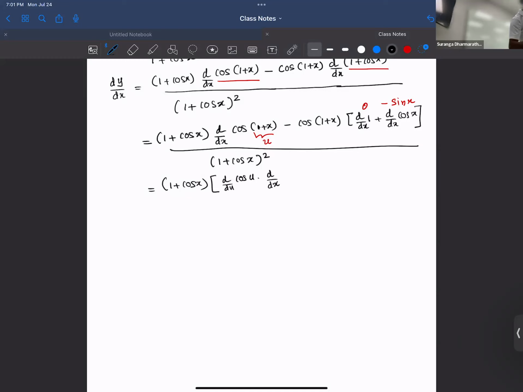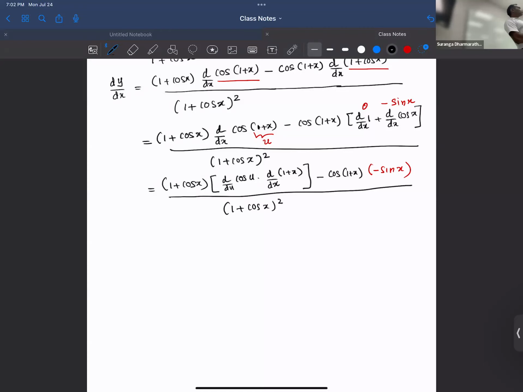Now u is what? 1 plus x. Minus cosine(1 plus x), and this is only negative sine x, right? Divided by 1 plus cosine x squared.